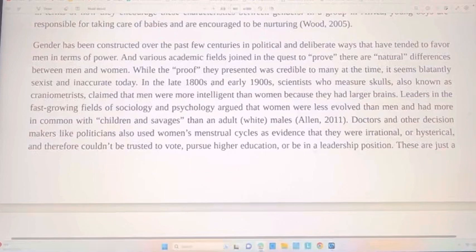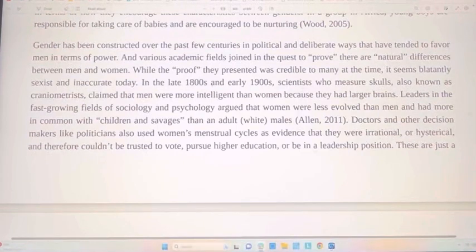Leaders in the fast-growing fields of sociology and psychology argued that women were less evolved than men and had more in common with children and savages than an adult white male.